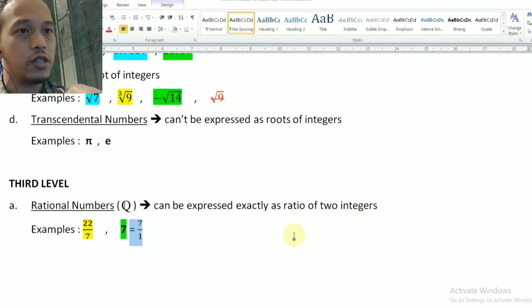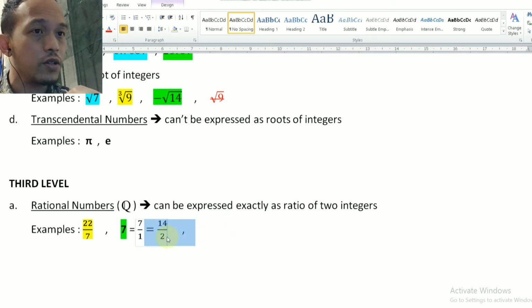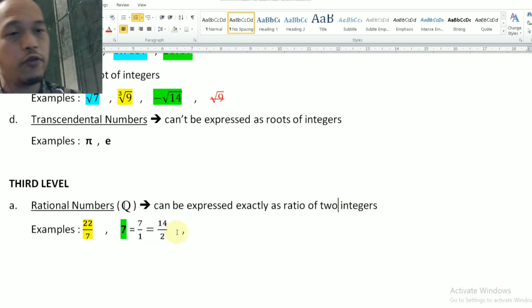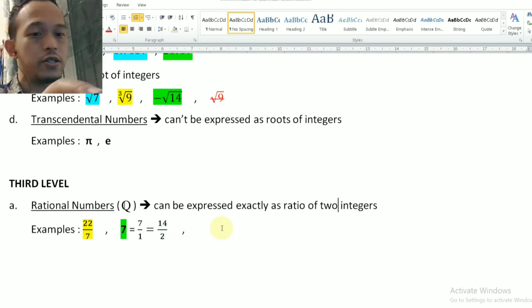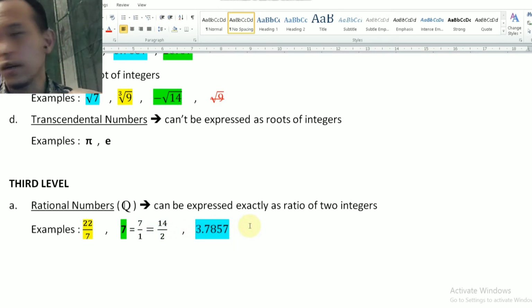How? Since 7 is equal to 7 over 1 or 14 over 2. So this is a ratio of the integers. So as long as you can convert it into a ratio of the integers, we have rational numbers.